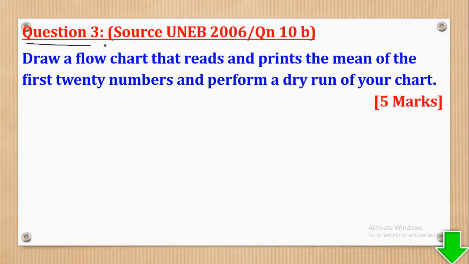Now we shall go to question 3, which came from UNEB 2006, paper 2, question 10b, and says, draw a flowchart that reads and prints the mean of the first 20 numbers and perform a dry run for your flowchart.